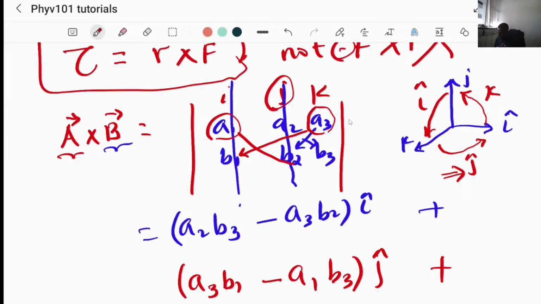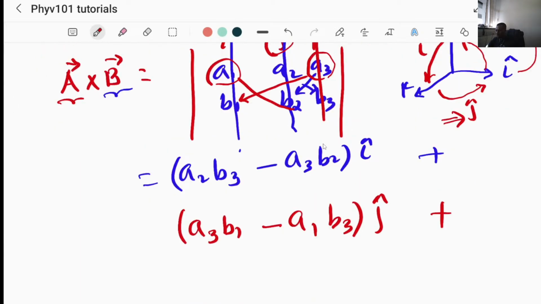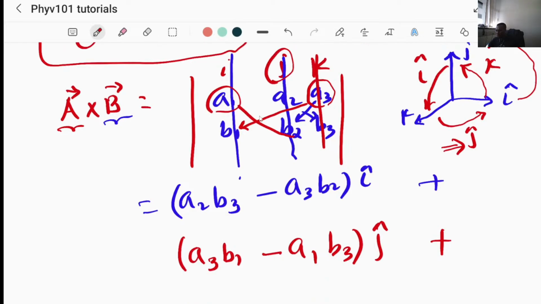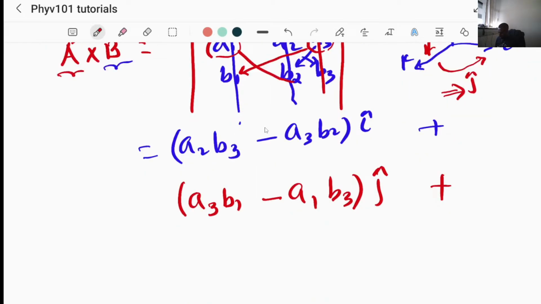Therefore, for the last component, I erase this one, and I go from I to J, meaning I go A1, B2 minus A2, B1 in the K component.